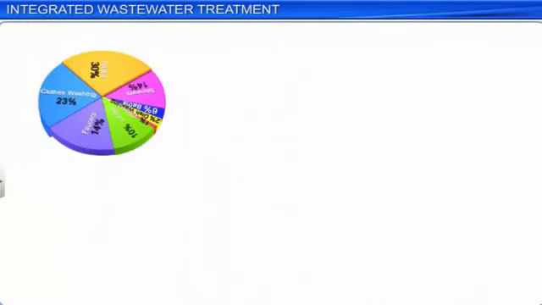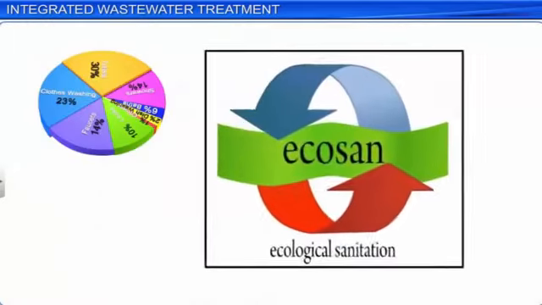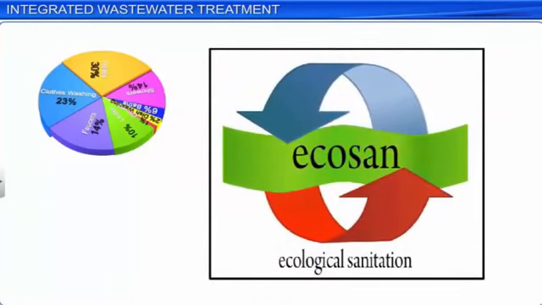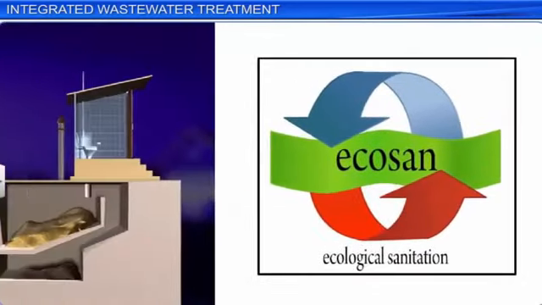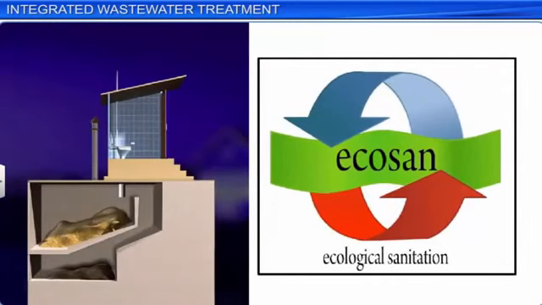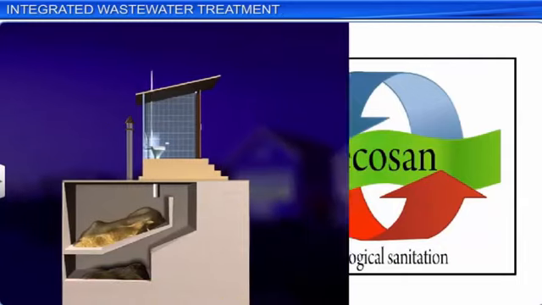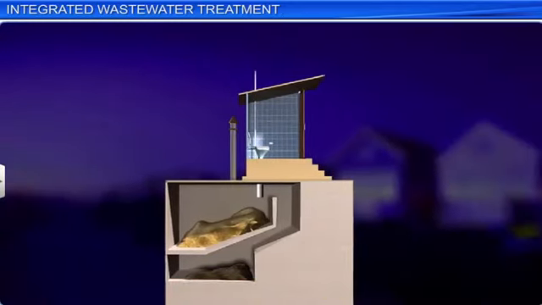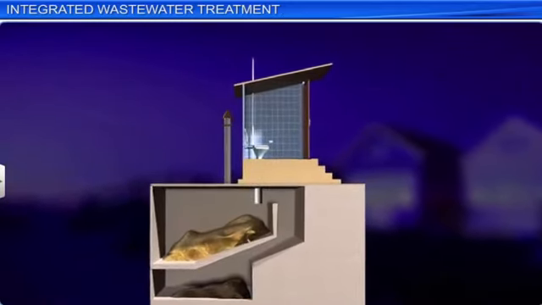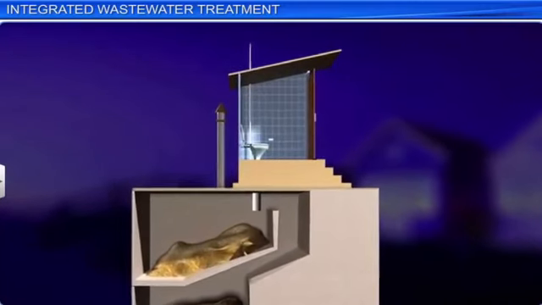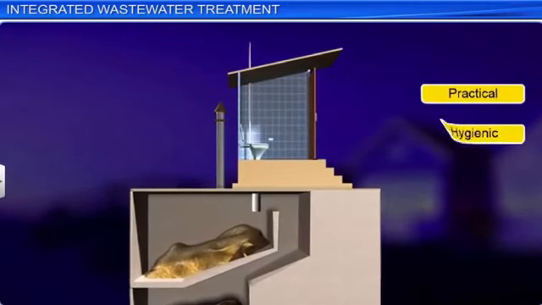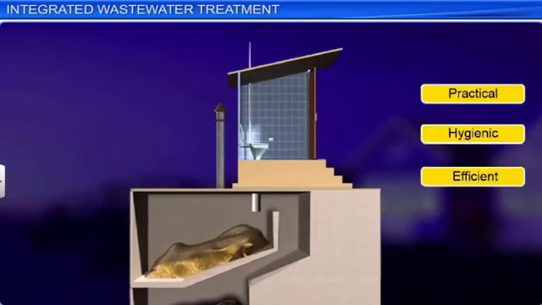The answer is ecological sanitation, or eco-san, a sustainable system for handling human excreta by using dry composting toilets. Such eco-san toilets not only eliminate wastewater generation, but are also practical, hygienic, efficient, and cost-effective.